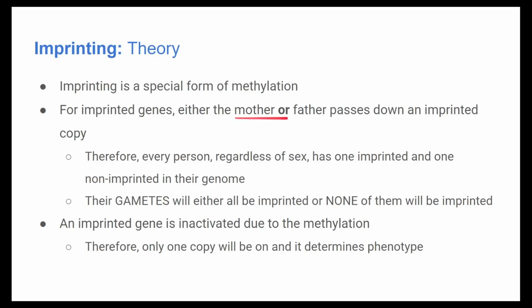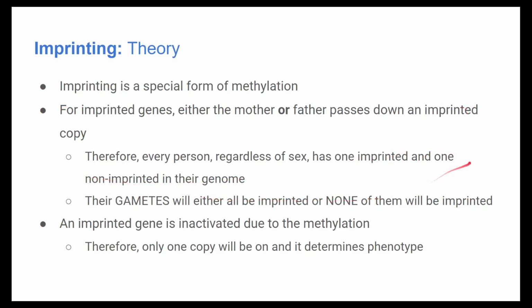So, if one of these two parents passes down a turned off copy, a methylated and imprinted one, and the other parent passes on one that's not imprinted, not methylated, so turned on, you are going to get one imprinted, one turned off copy, and one non-imprinted, one turned on copy.